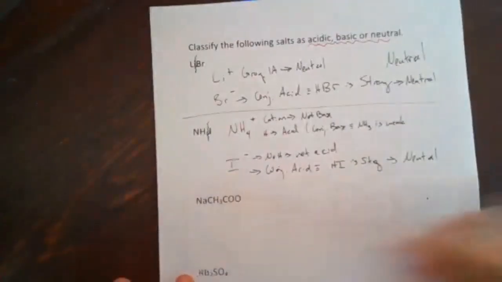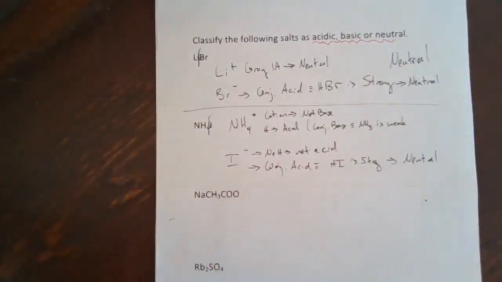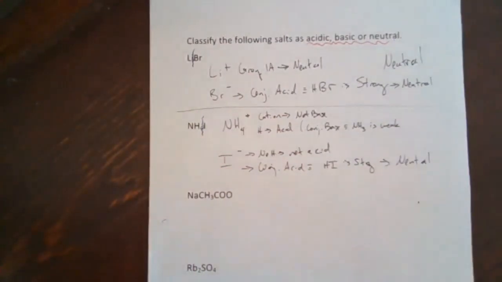So iodide is a neutral anion. We always want to be mindful there are the 6 strong acids. Their anions, their conjugates, are always not bases. So it's very common to see those. That's actually why we use chloride and bromide as counterions so frequently, because they're neutral. They don't affect the pH.